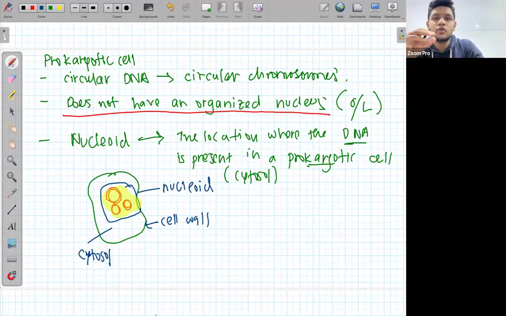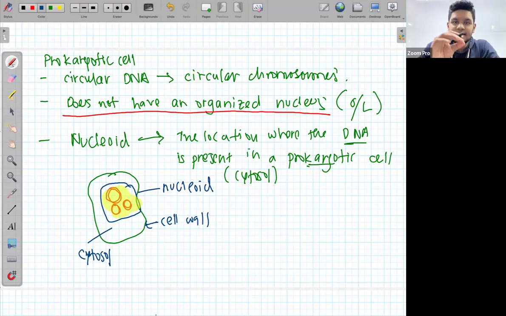Now, in a eukaryotic cell, the DNA is present organized in a nucleus. That is the difference. In a eukaryotic cell, it is present within a tent-like shaped nucleus. But in a prokaryotic cell, there isn't an organized nucleus. So the specific location where the DNA is present in the cytosol of a prokaryotic cell is referred to as the nucleoid.